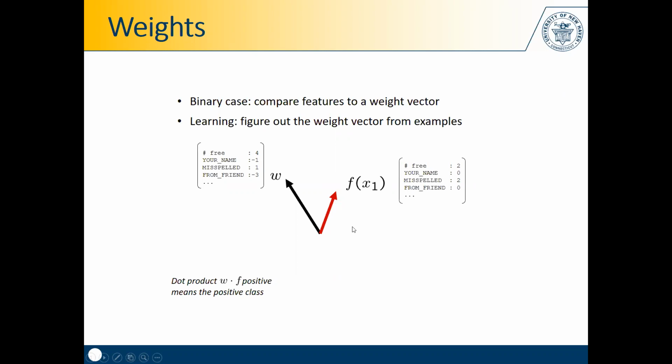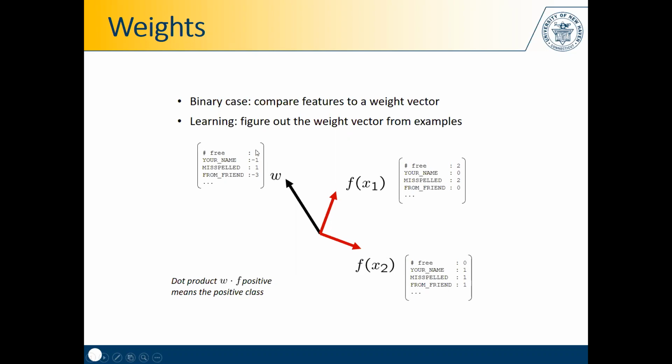That's our positive class. Let's look at this one here. So we have an email x2. Its feature representation is as follows. It doesn't contain the word free. The number of times the word free has occurred is 0. It does contain your name, so 1. There is 1 misspelled word there, and it is from a friend. So let's see what the dot product of f of x2 by w is.